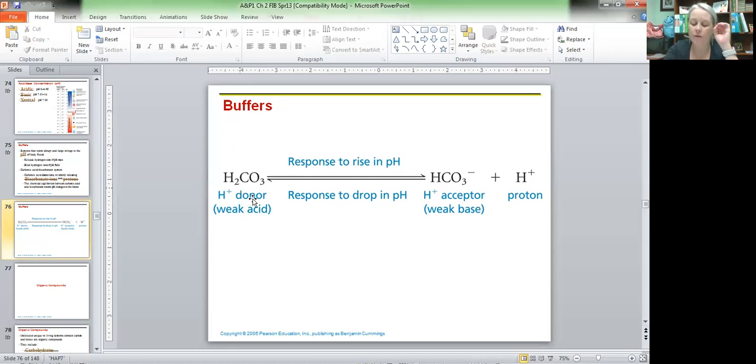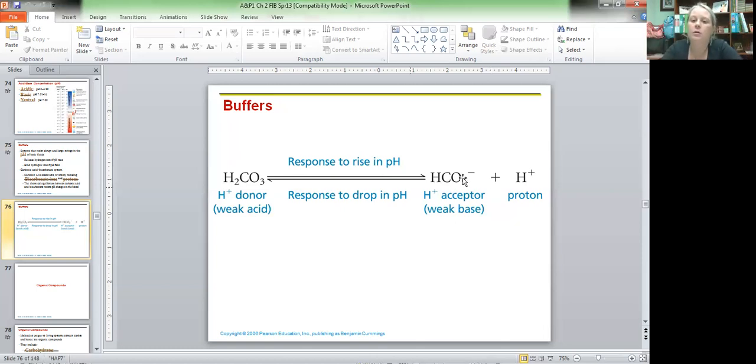If it lets go of H+, it's more acidic. If it holds on to H+, it's more basic, or less acidic if you want to stick to the word acid. So the more H+ you have, the more acidic. The less H+ you have, the less acidic. Another way you could say less acidic is to say that it's more basic, okay?